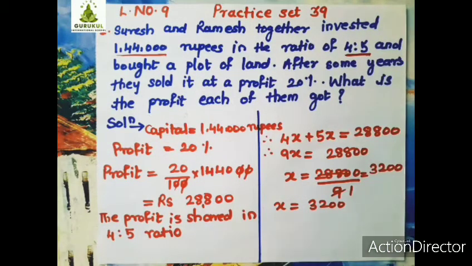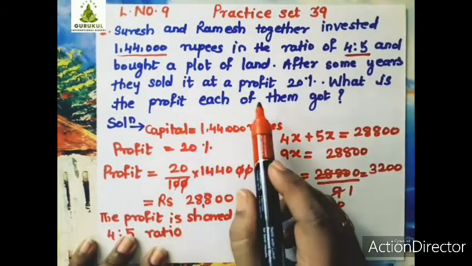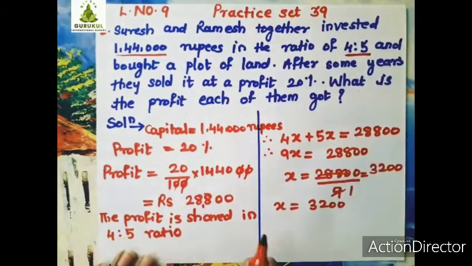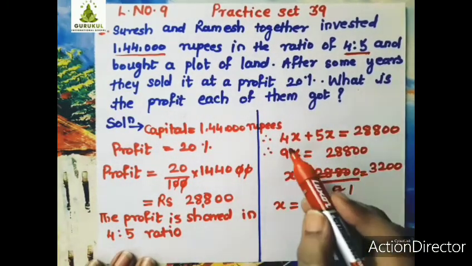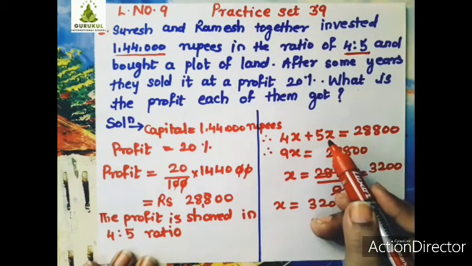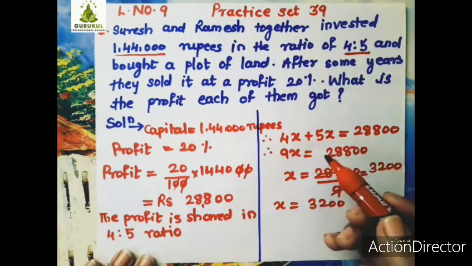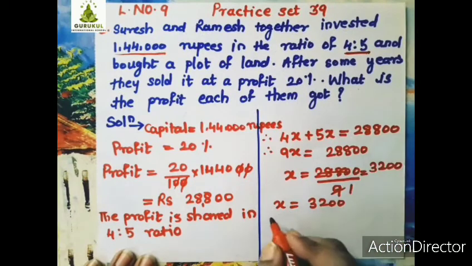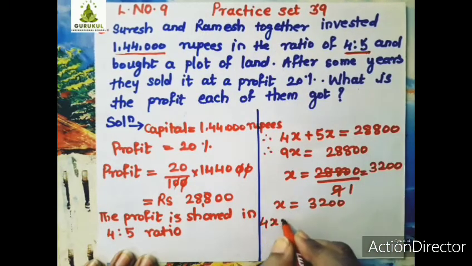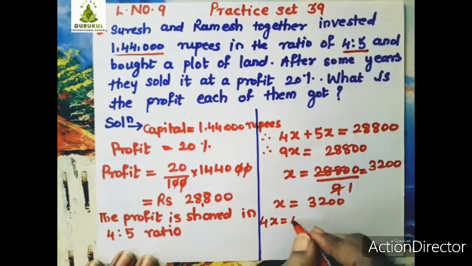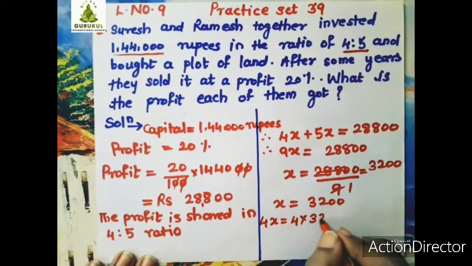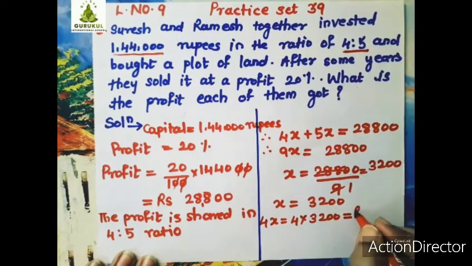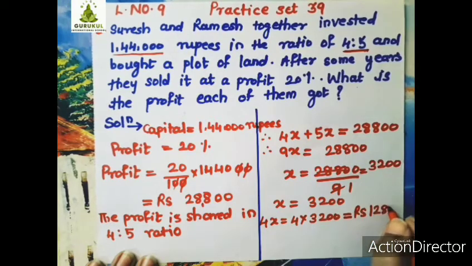Our aim is not to find out the value of x. What we want to find out is the profit each of them got. So first one's profit is 4x. Second one's profit is 5x. So we'll write it, find the value. 4x is equal to 4 into 3,200 is equal to rupees 12,800.